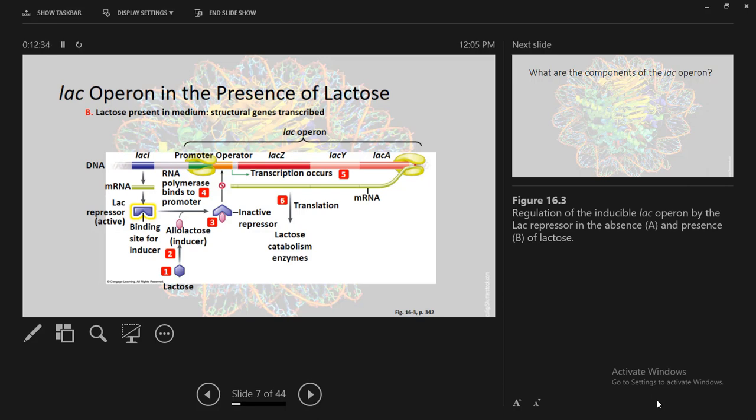Allolactose, which is a form of lactose. So when lactose is present, when that sugar is present, look at this. When the sugar is present, it binds to the repressor better than that repressor binds to the DNA. And so now it allows you to transcribe the genes necessary to metabolize what bound this repressor.